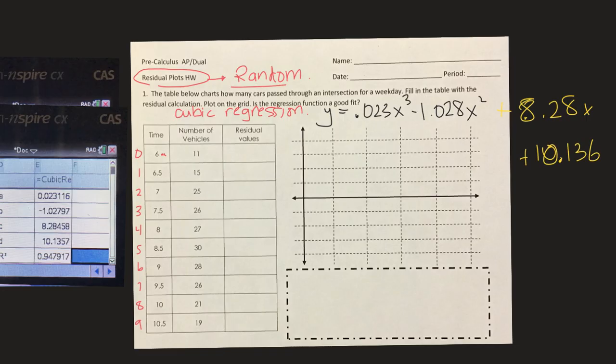Okay, so that's my equation that I get from using the data of 0 through 9 as my times and my cars going through there. So if you use 6 to 10.5, then of course it's going to be different because your y-intercept is going to be different, right? Lots of things can change if you use different x values. But use whatever you put into your calculator, right? It's correct if you do that.